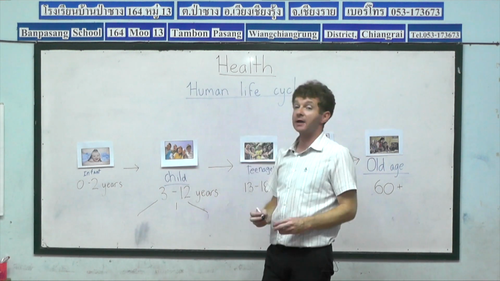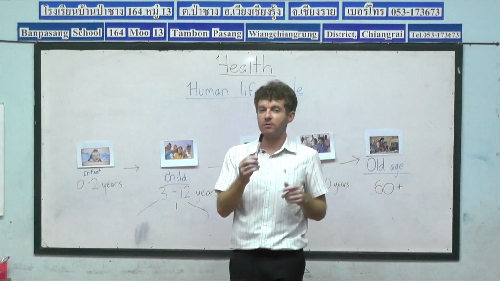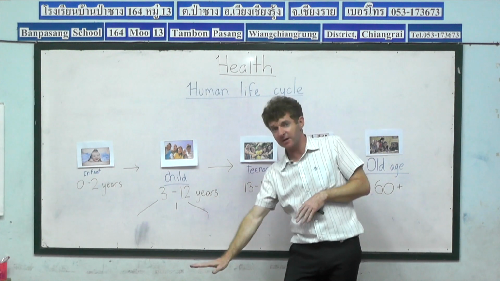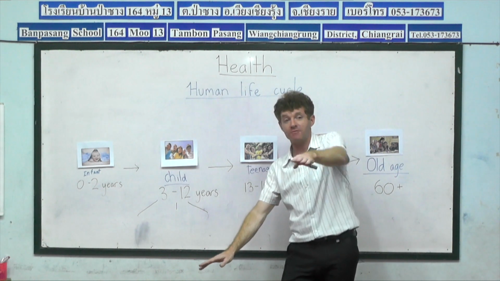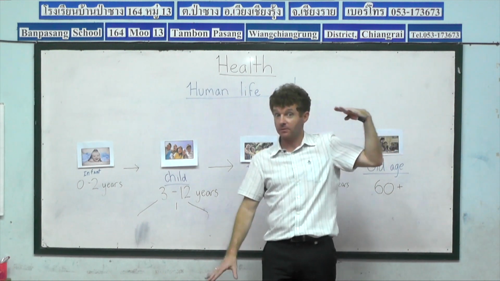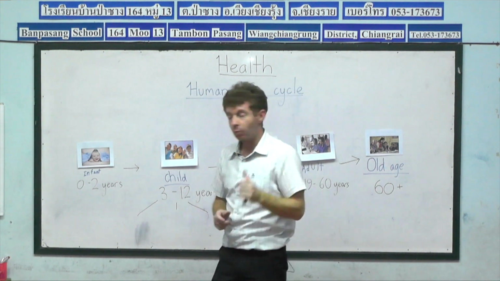So we have 3 more pictures to show, and let's see if our students can remember the different stages of childhood, because we have very young children, and then we have children about your age who are starting to get a little bit older, and you're not the same. So we have to show how you're different. So more pictures, guys.